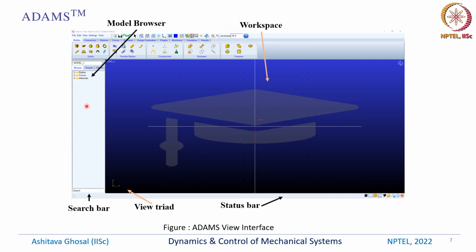You can create your rigid bodies, you can apply forces, and you can choose the material, and this is the workspace. And there are all these icons. I'm not going to go into all the icons, but basically we can select different kinds of solids. You can have a cylinder, you can have a sphere and various other kinds of solids. We are not going into flexible bodies, but you can also have flexible bodies.